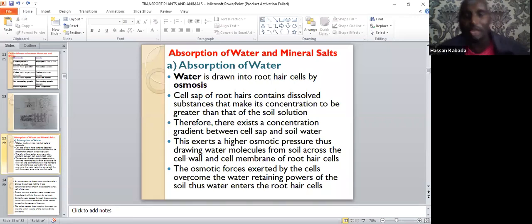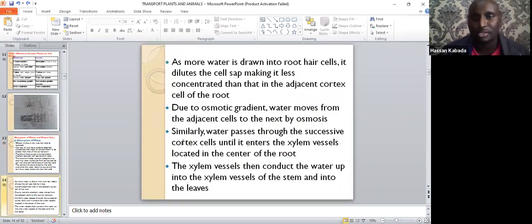From that, water molecules will be moving from one cell to another through osmosis, as I have said in that diagram. The osmotic pressure forces exerted by the cell overcome the water retaining power of the soil. Thus, water enters the root hair cells.